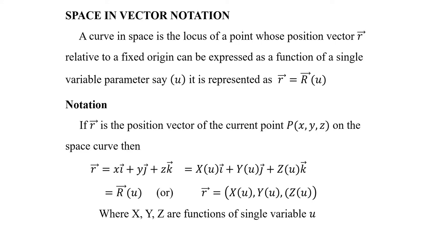It is represented as r vector = R vector of u. If r vector is the position vector of the current point P on the space curve, then we write r = xi + yj + zk. Therefore, we may write r = x(u)i + y(u)j + z(u)k. That is simply written as R vector of u.